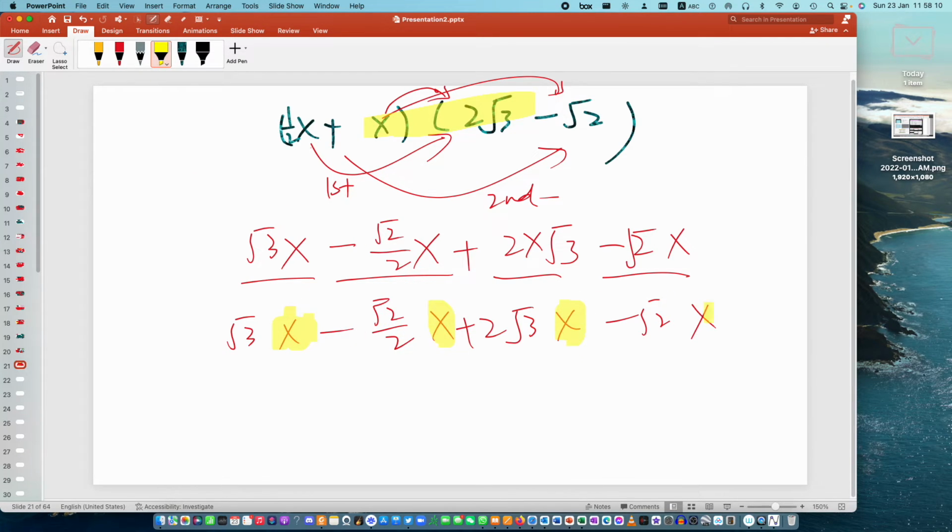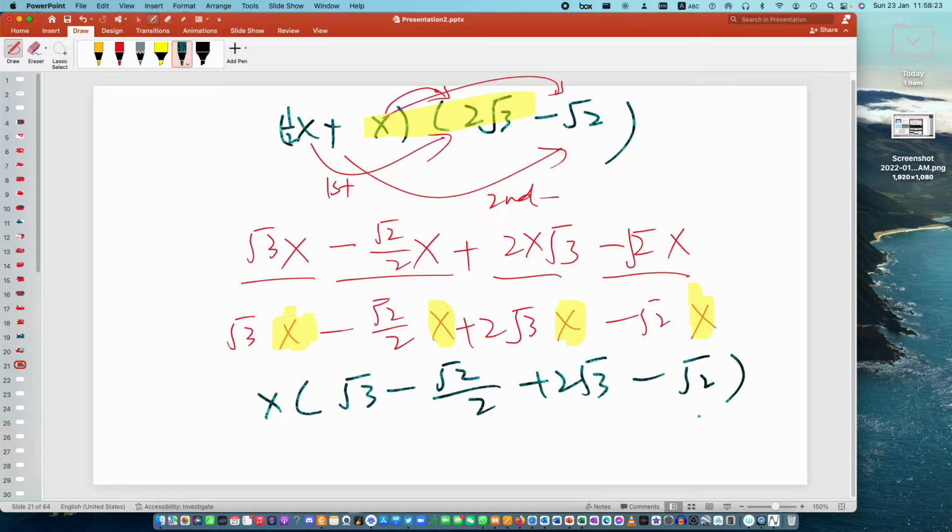Okay, good. Can you see the x? Take out the common factor x. X bracket square root 3 square root 2 by 2 by 3. I think you can combine similar terms. I think that's what I did. Good. So combine similar terms. So you end up with 3 square root 3.